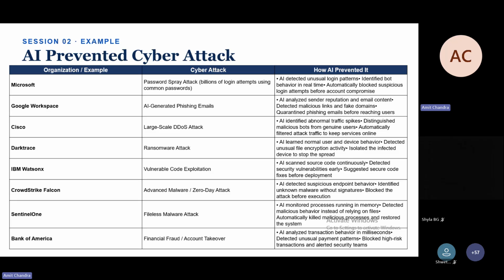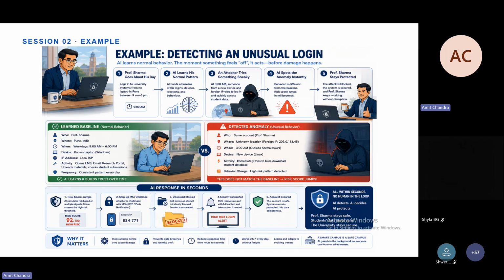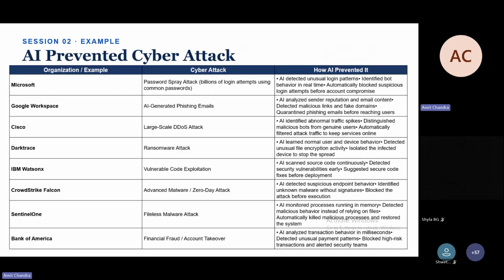As we saw in our previous slide, this is the unusual login. The next one was with Google Workspace, where AI-generated phishing emails appeared. AI analyzed the sender reputation and email content, detected the malicious link and fake domain, and quarantined the phishing email before it reached the user.